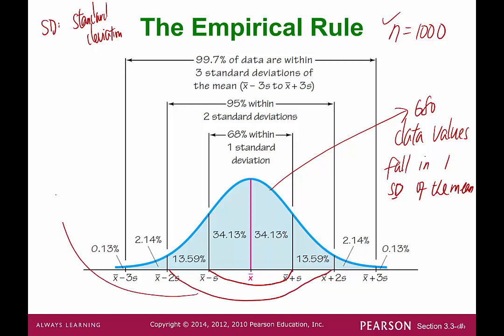So here I have 950 data values falling within two standard deviations of the mean.